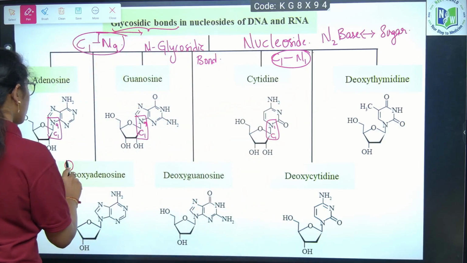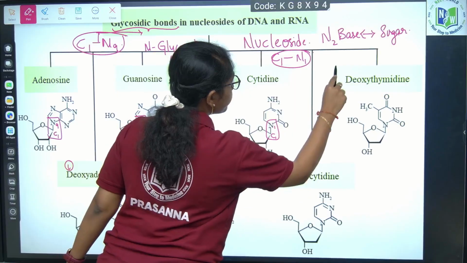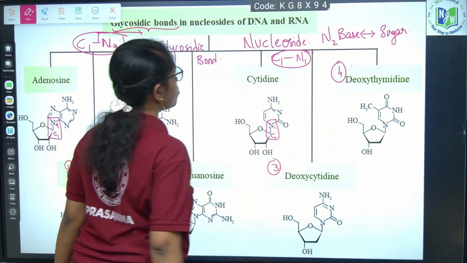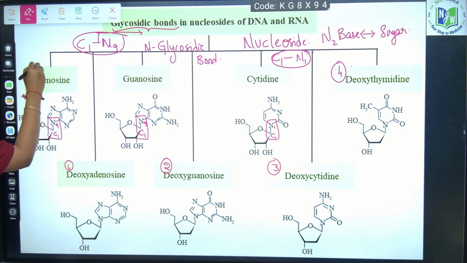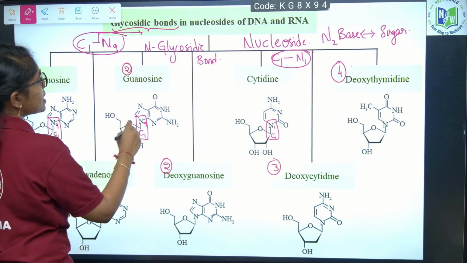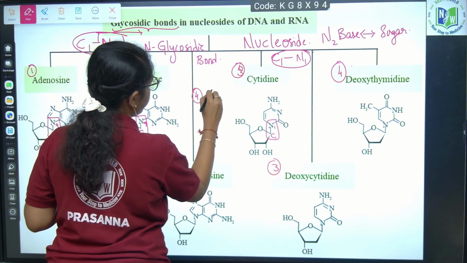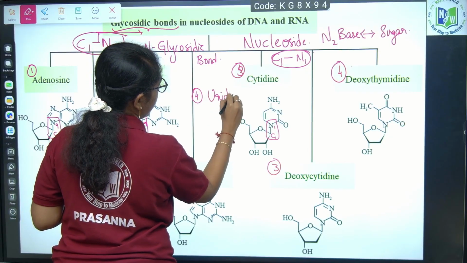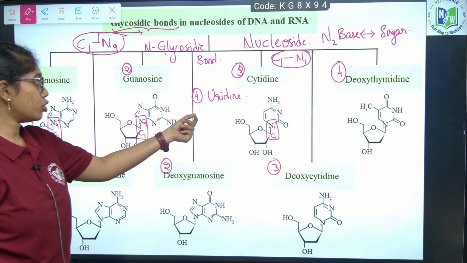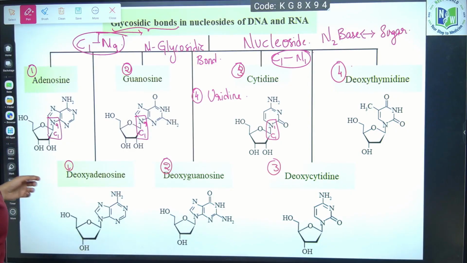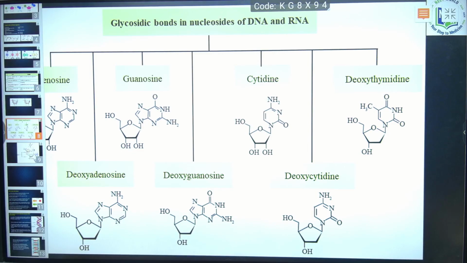These are the 4 types of nucleosides in DNA. The nucleosides in RNA are adenosine, guanosine, cytidine and uridine. When the nitrogen base uracil is attached to ribose sugar, it forms uridine.